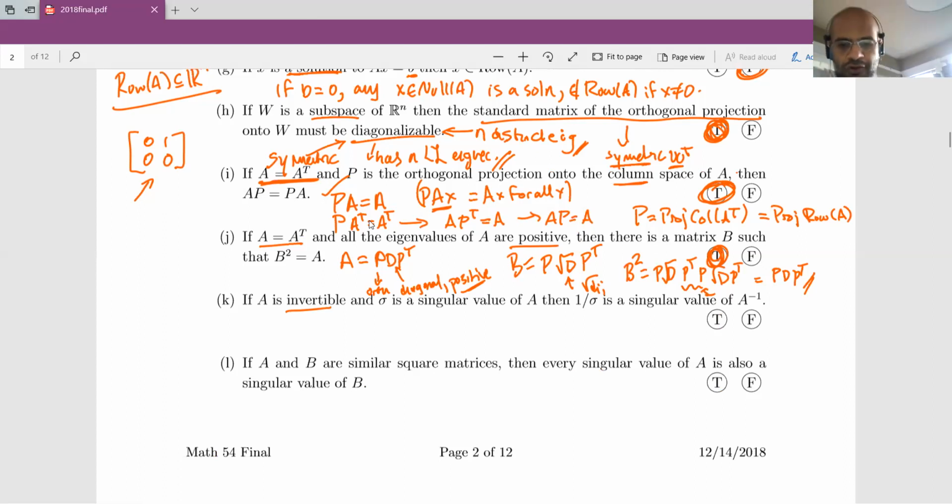It's a singular value. So, can we write the SVD? When you see this, I'm asking you to relate something having to do with the inverse to the singular value, so it might be good to write the SVD, where we write the full SVD.